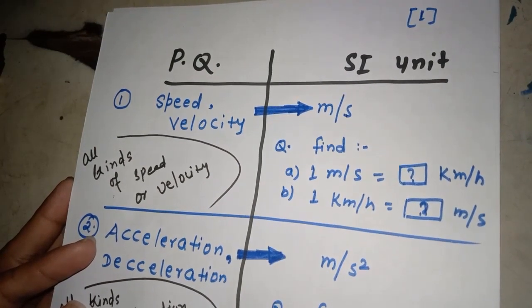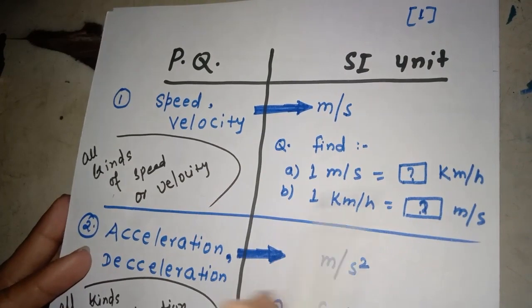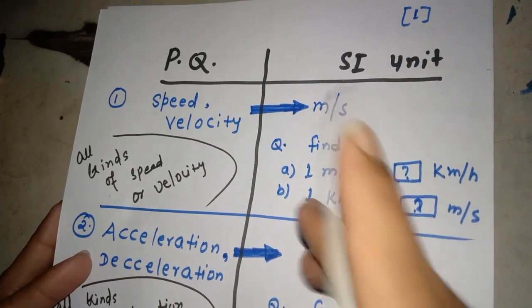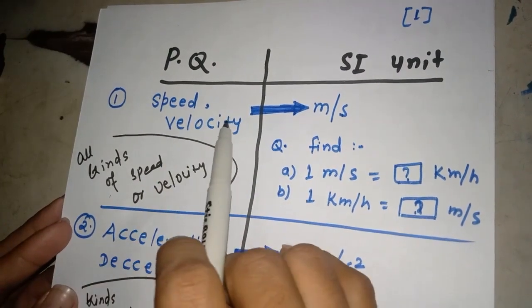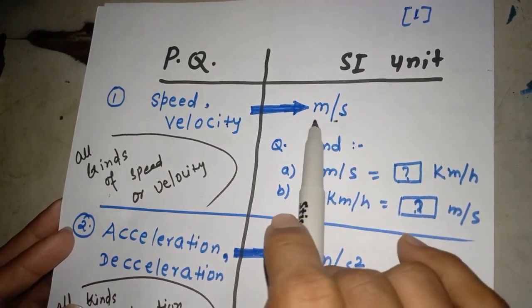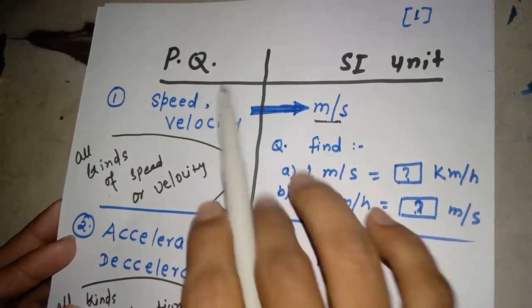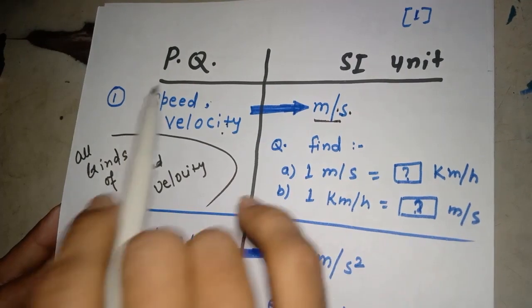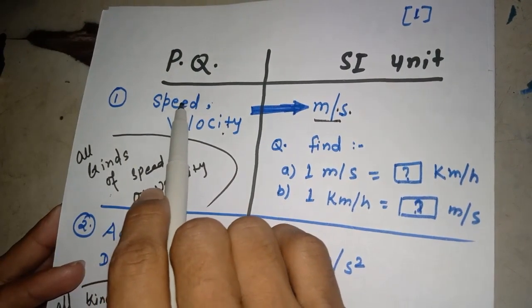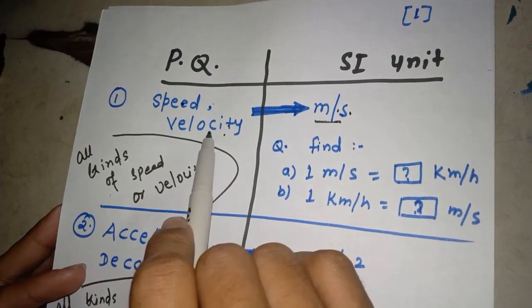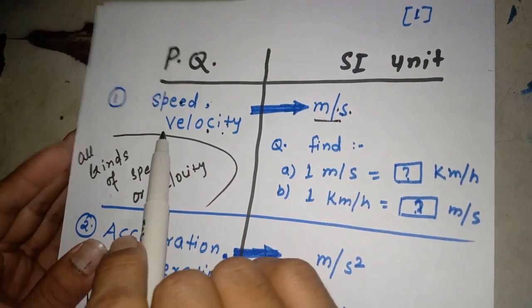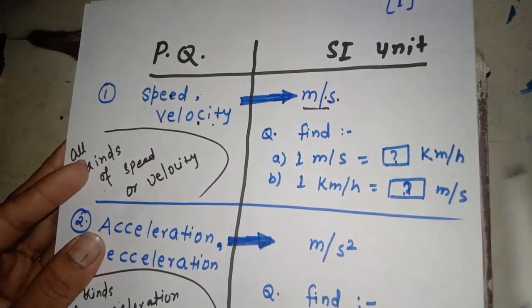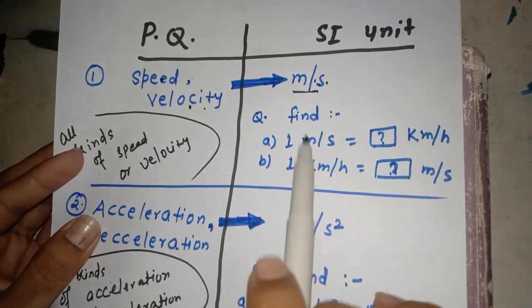Here are some physical quantities and SI units, and speed and velocity have the same SI unit, meter per second, because they are measured by the same unit. Speed is measured in meter per second and velocity is also measured in meter per second. But this is a scalar quantity and this is a vector quantity. We will deal with it ahead, but here we only deal with the units.